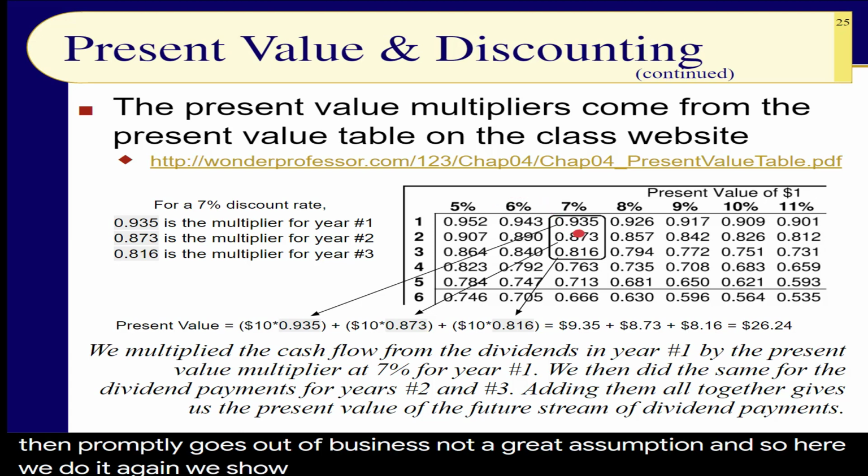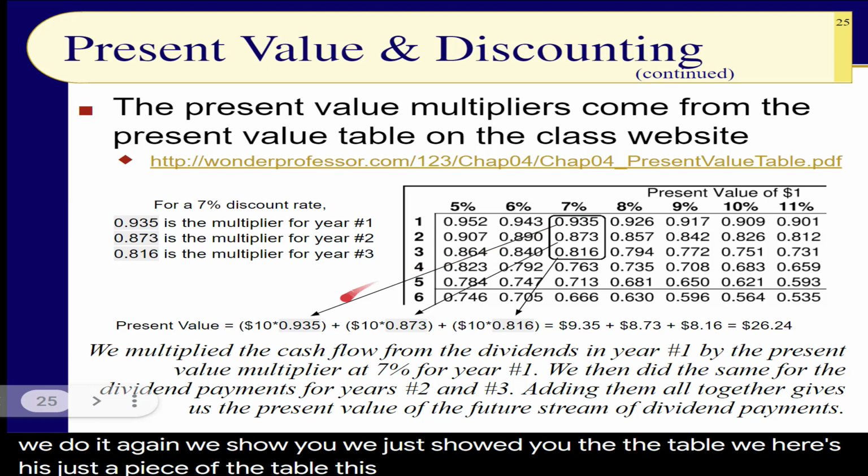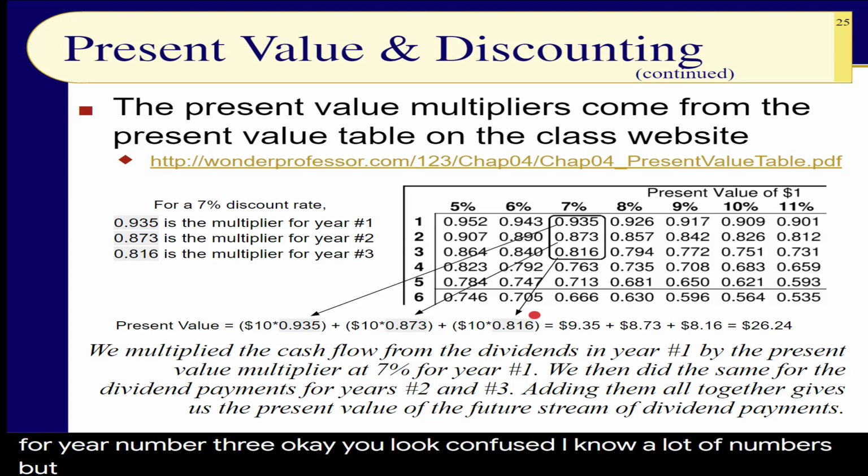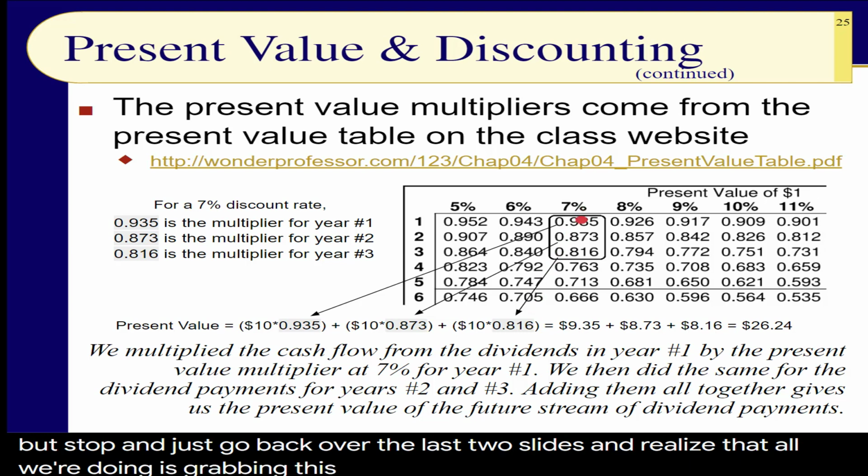We just showed you the table. Here's just a piece of the table. The 7% for year number 1, the 7% for year number 2, and the 7% for year number 3. Okay, you're a little confused. I know a lot of numbers, but stop and just go back over the last 2 slides and realize that all we're doing is grabbing this number from the table.